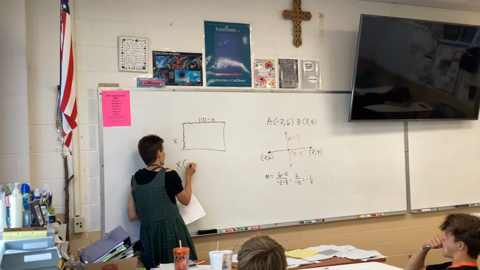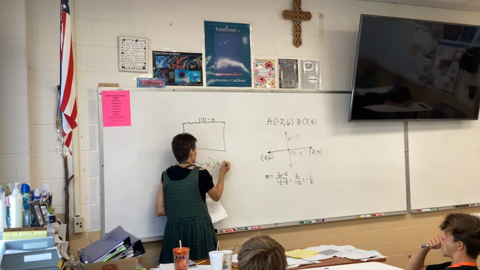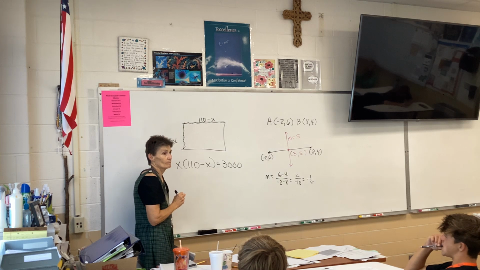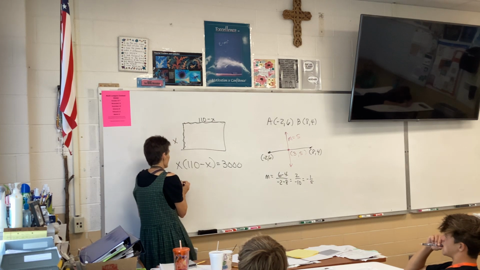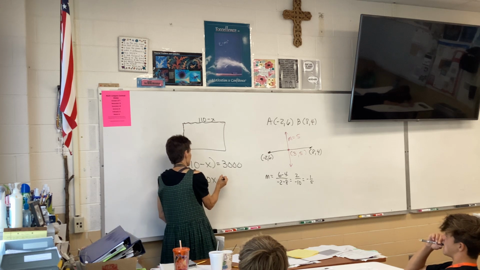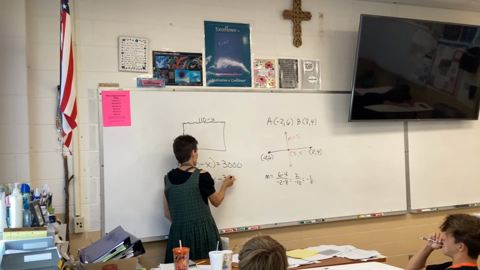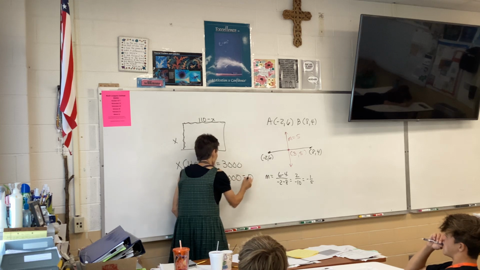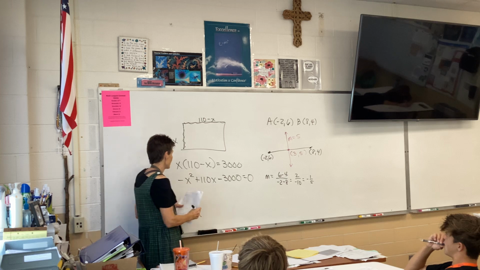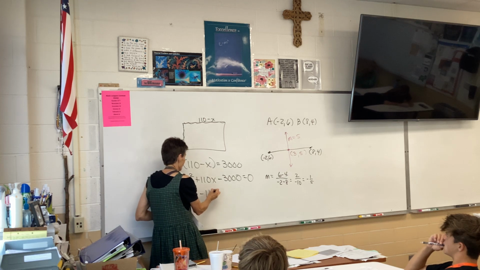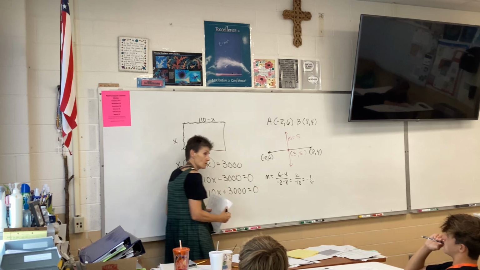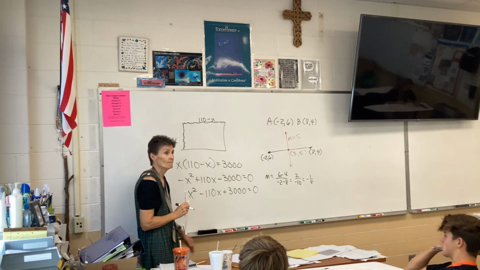So x times 110 minus x is 3,000. So negative x squared plus 110x minus 3,000 equals 0. This is going to be a quadratic equation. I don't like that negative, so I'm going to get rid of it. I'm allowed to do that because it's set equal to 0, so I can divide everything by -1.